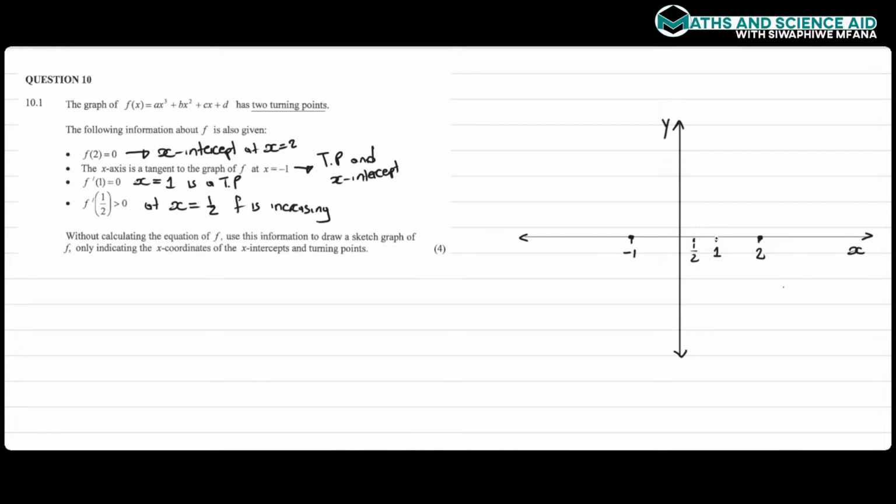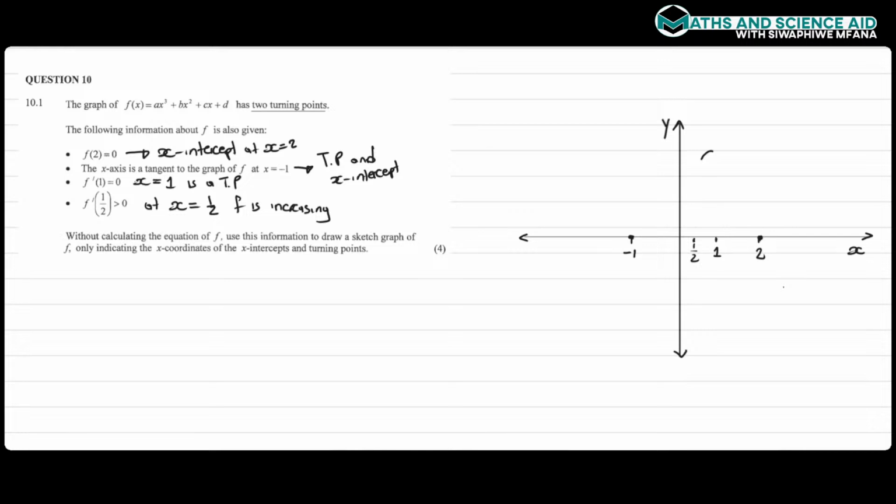We've got a turning point here at 1, and our graph is increasing when x is 1 over 2. So if it is increasing, it's going to be something like this. It needs to be increasing. So this is a turning point.